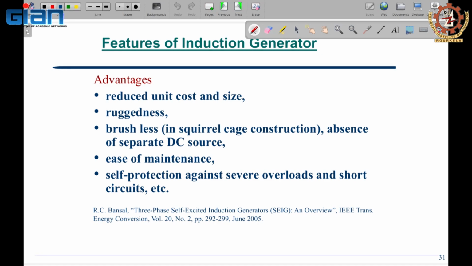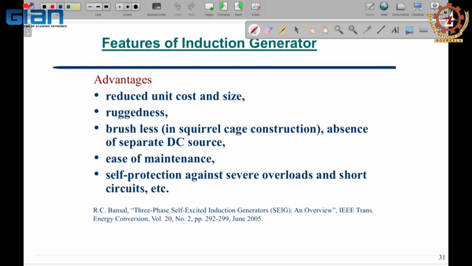When we use the induction generator, particularly the squirrel cage induction generator, it offers several advantages in hybrid power systems: reduction of the cost of the generator and the overall cost of the system, the generator is very robust, and it needs very little maintenance. So in the isolated power system, the self-excited induction generator is a very appropriate choice.